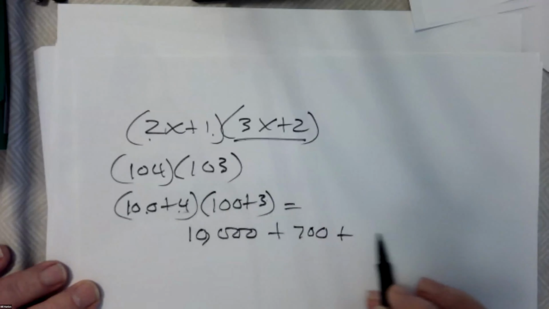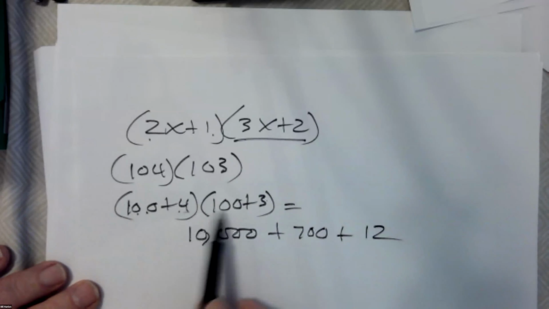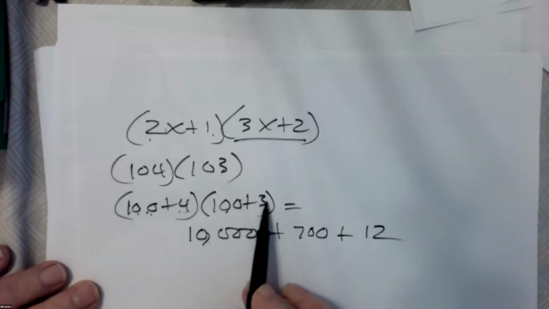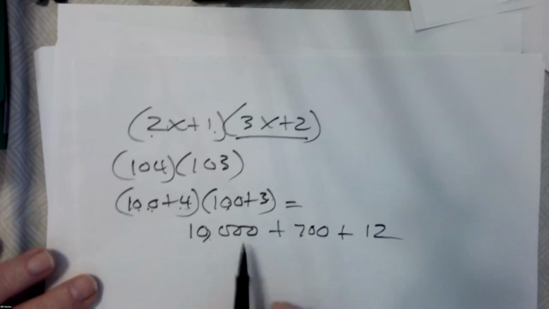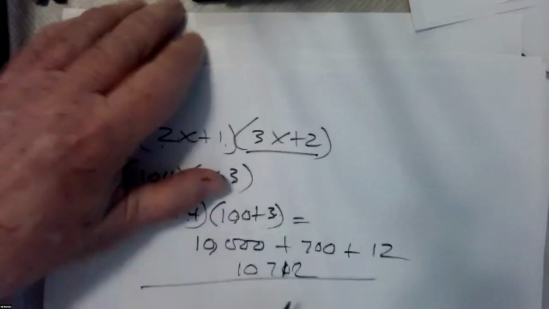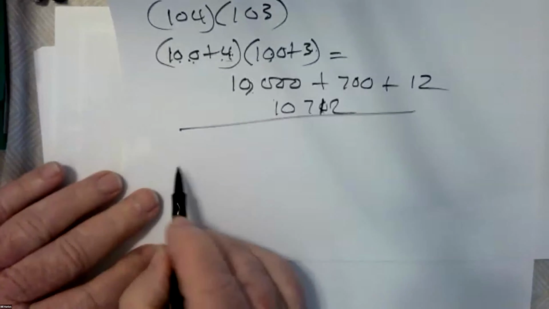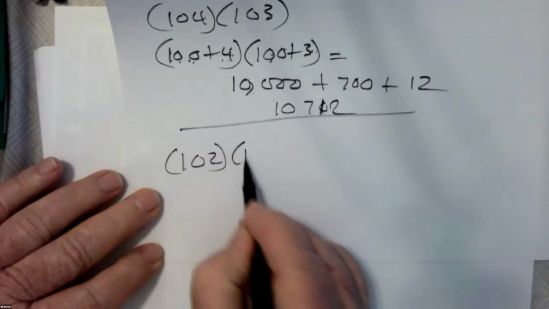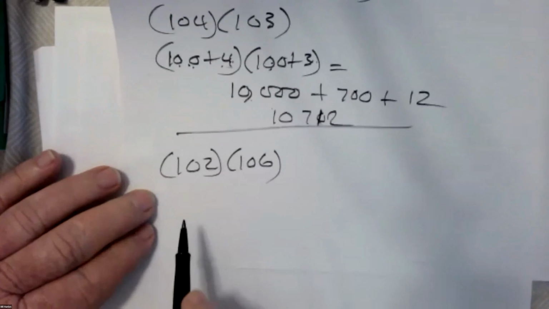And I'm going to have 3 times 4, which is 12. So 100 times 100 is 10,000. 100 times 3 is 300. 4 times 100 is 400. 4 times 3 is 12. So 104 times 103 is 10,712. So if I gave you a problem like this, what's 102 times 106?